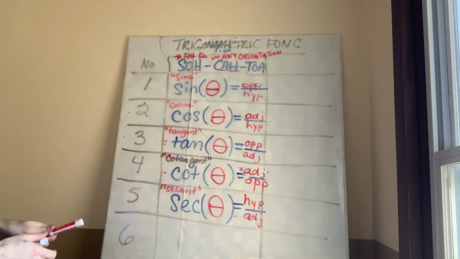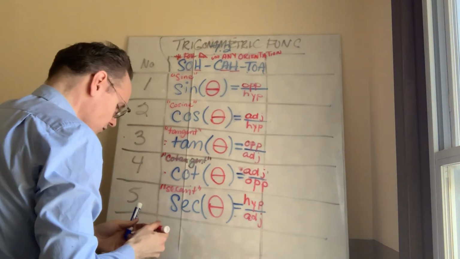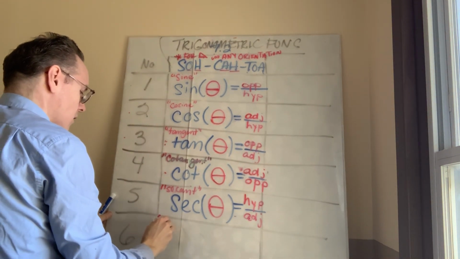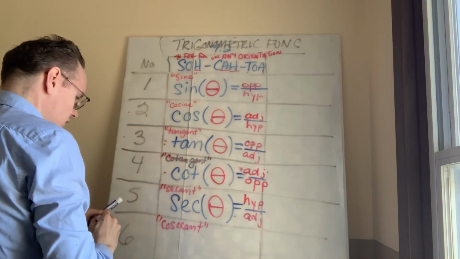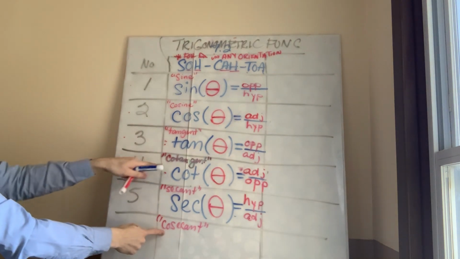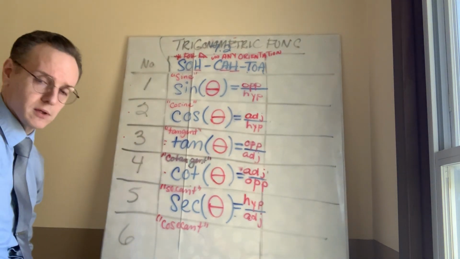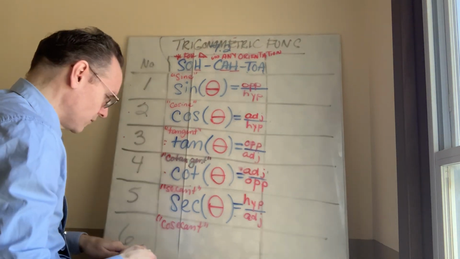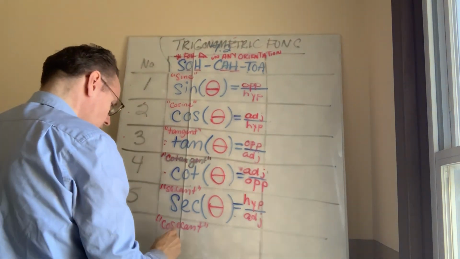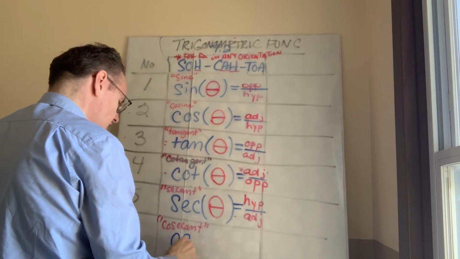Last one is cosecant. Cosecant, again, has the co prefix, all right? This means that it is a complement of secant. It's out of phase by 90 degrees, because this refers to waves. It is abbreviated CSC.